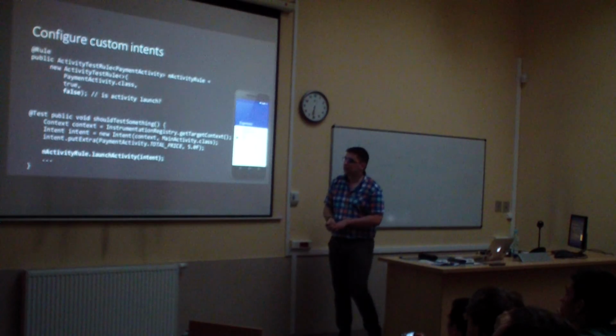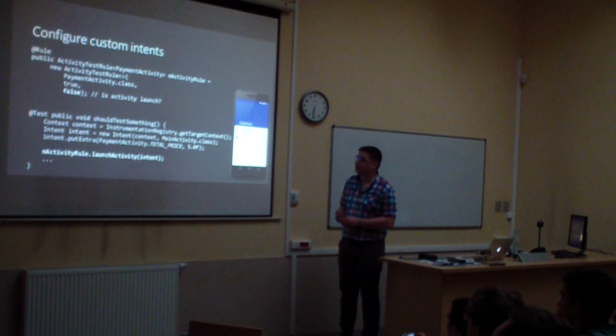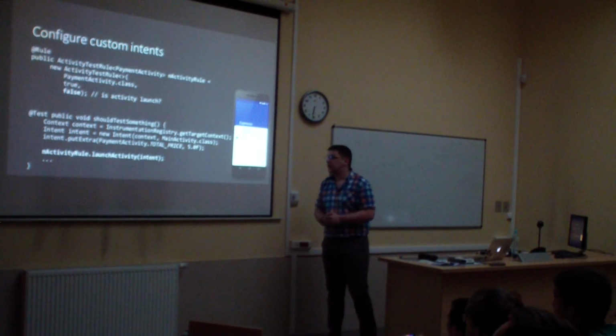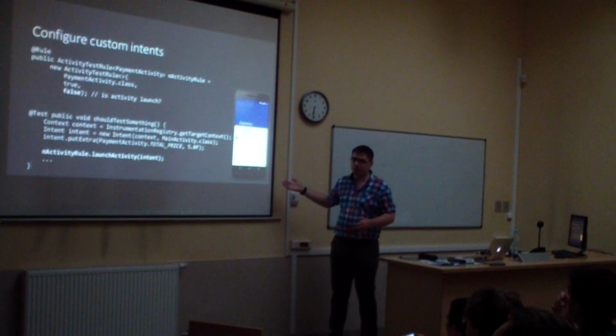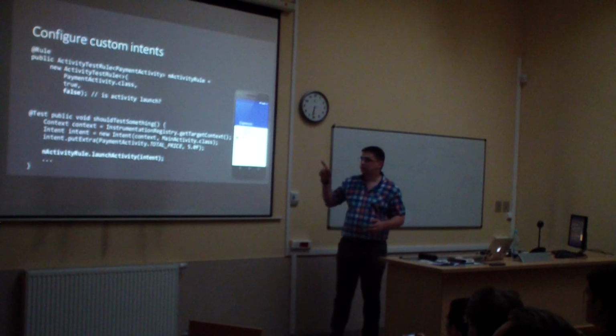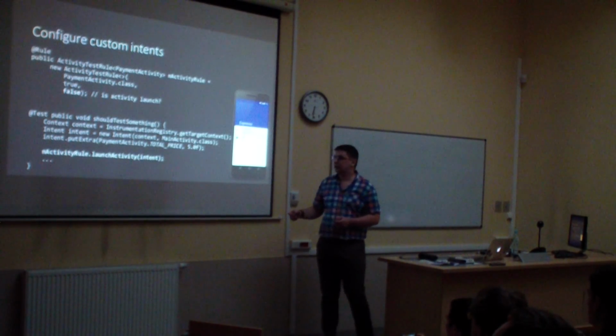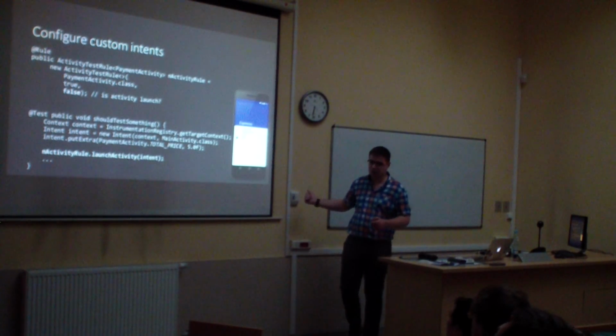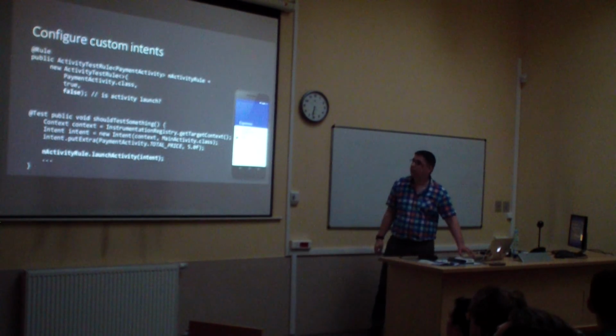As you can see, first of all we create a context, which you require for the intent, and after it we can put some parameters into the intent. And the last major thing is that you must use launchActivity and pass your configured intent.